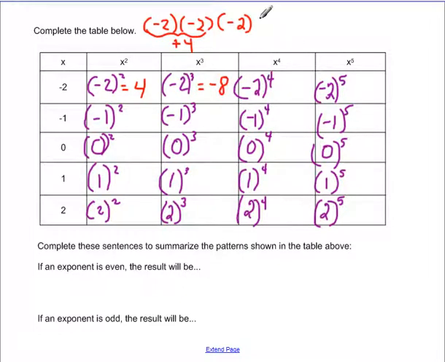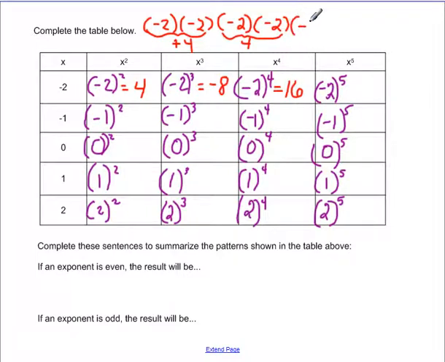Now what if we throw another negative on there? Notice what we've got. The first pair of negative 2's being multiplied together gives me positive 4. The second pair would also multiply together to give me positive 4. Positive 4 times positive 4 would give me positive 16. So notice we started positive with the second power, and then the 3 brought it negative. When we raise it to the fourth power, it's back to positive.